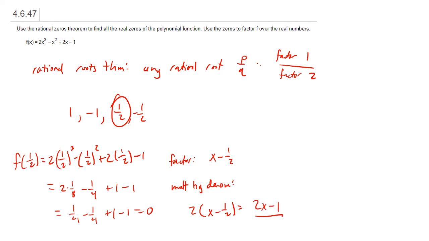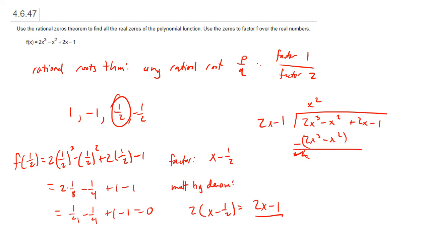So let's go to polynomial long division. I want to factor 2x minus 1 out of 2x cubed minus x squared plus 2x minus 1. 2x goes into 2x cubed exactly x squared times, giving me 2x cubed minus x squared, which subtracts off exactly evenly. So I just bring down my 2x minus 1, and there we have it. That goes in once with no remainder.